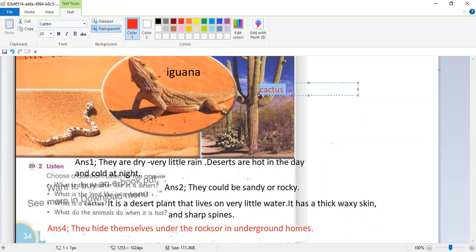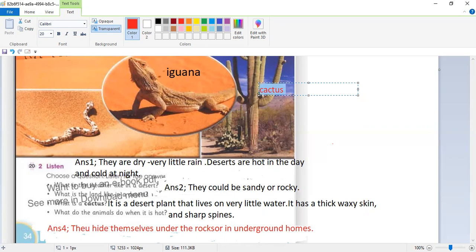It has very long roots and it absorbs lots of water. If you read about cactus on internet pages, you will see that it has very long roots which go deep down into the ground and absorb water.